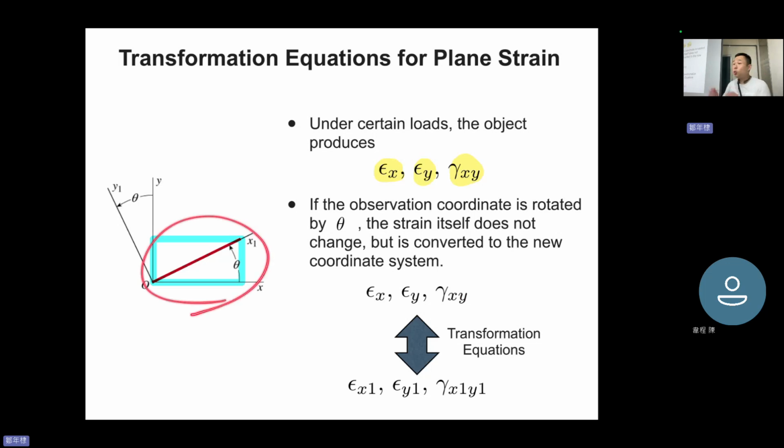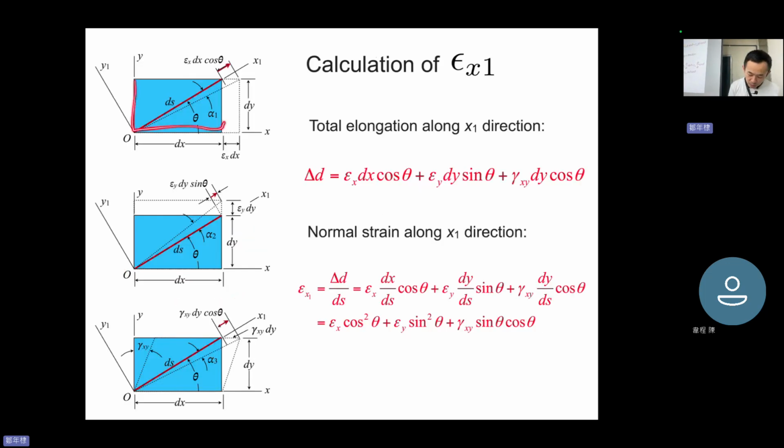So this blue rectangle will be this one.